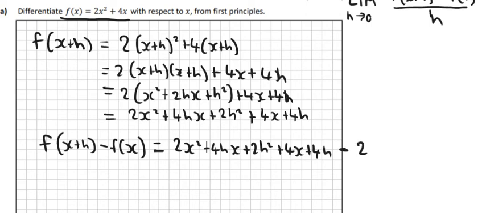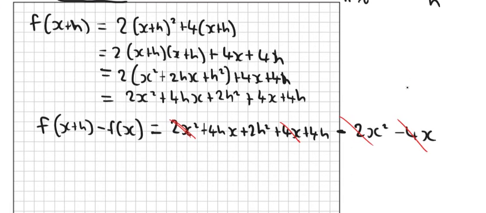So f of x is 2x squared plus 4x, so we subtract minus 2x squared minus 4x, and then hopefully something will cancel out. We've got minus 2x squared and plus 2x squared, so they cancel each other out. And we've also got plus 4x and minus 4x, so they cancel each other out. So we'll tidy that up for the minute. So we get 4hx plus 2h squared plus 4h, and that's all that's there for now.